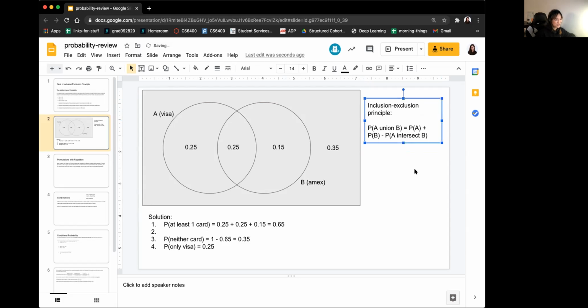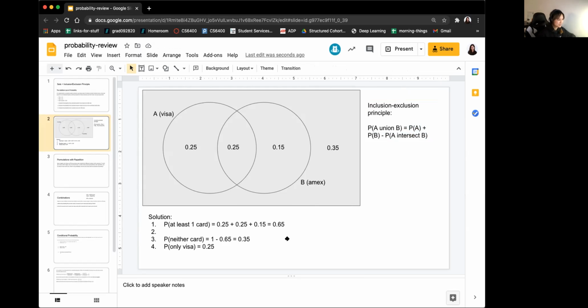It can actually be generalized to more circles overlapping, but I've never been asked a question within data science interviews having to deal with more than this. So just knowing that the probability of this whole thing is the same as the individual circles minus the overlapping section, that's just a good one to remember.